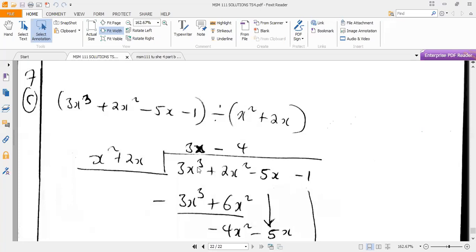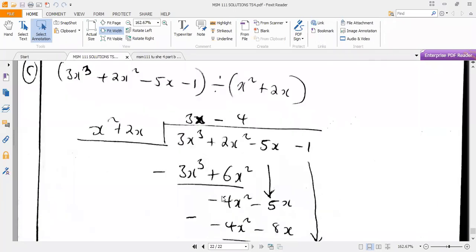Now we can subtract. 3x cubed minus 3x cubed is 0. We don't show it. Then 2x squared minus 6x squared gives us negative 4x squared, isn't it? So we can divide again by this guy. x squared into negative 4x squared gives negative 4, which is up here. Negative 4 times x squared is negative 4x squared, which is down here.